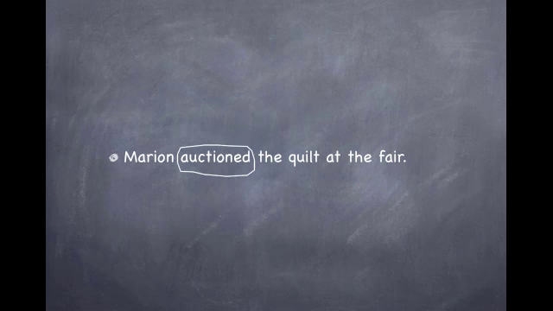Oh, it looks like it's auctioned. But now we have to ask ourselves, who or what is receiving the action? What is being auctioned? Is Marian? No, she's doing the auctioning. Is the fair? No, that's where it's happening. So there's only one thing left, which is the quilt. Marian auctioned the quilt at the fair.